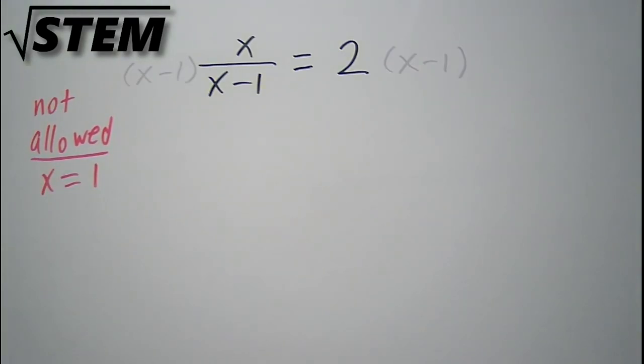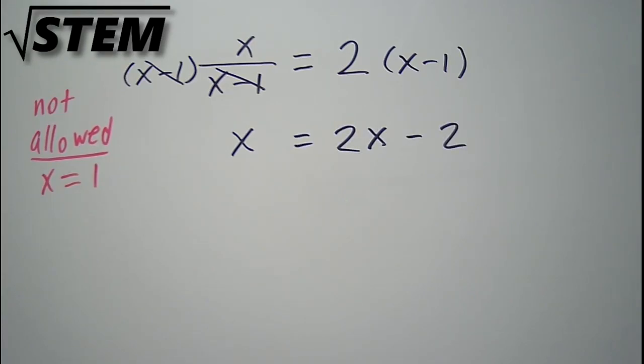We can start by multiplying the whole equation by the denominator x minus 1. When we multiply the left-hand side by x minus 1, it will simply cancel out the denominator, leaving us with x. On the right-hand side, 2 times x minus 1 gives us 2x minus 2.